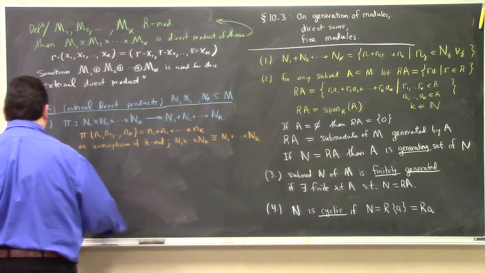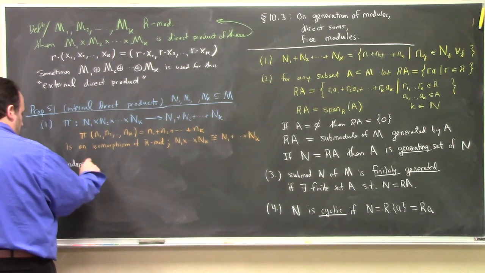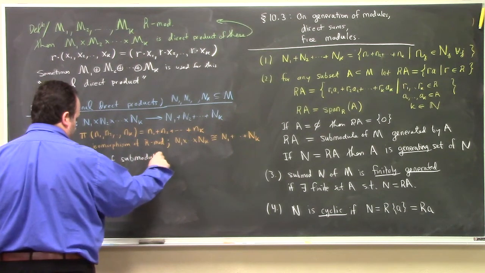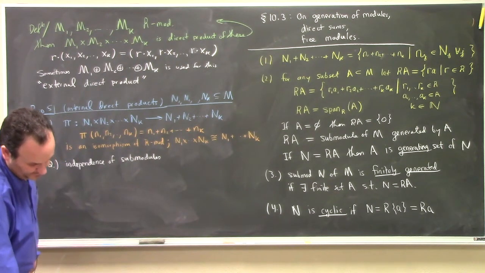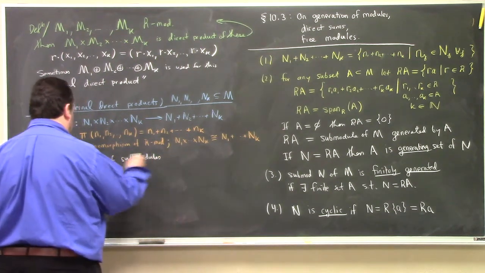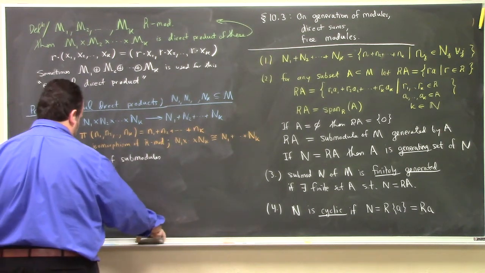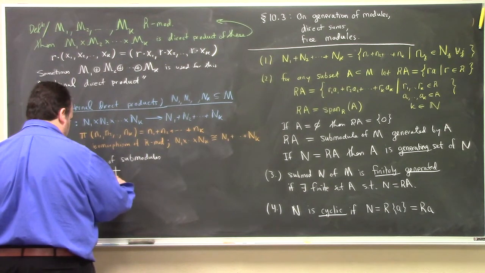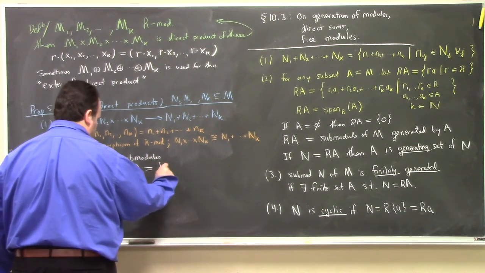Number 2, independence of submodules. Independence of submodules is this: N_i intersected with the sum over j not equal to i of N_j is empty, that is, zero.